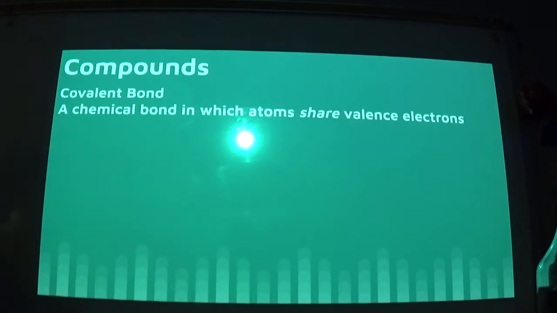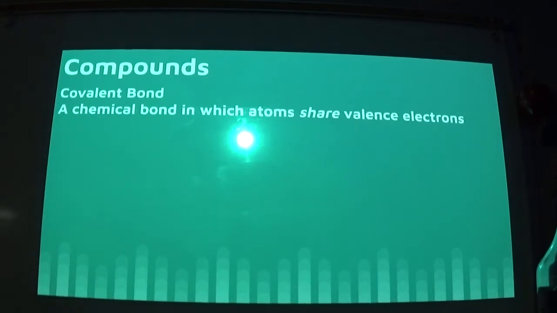Okay, is how we're going to think about it. Okay, and so it makes sense where that word comes from, covalent. They are kind of cooperating, and the valence electrons are being valence for two atoms, is how we're going to think about it.